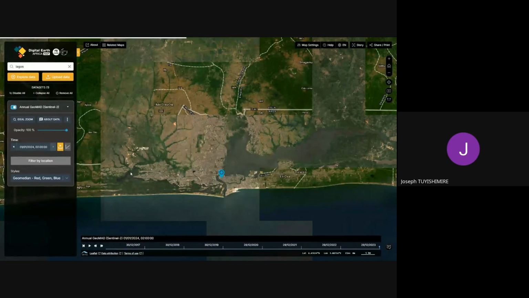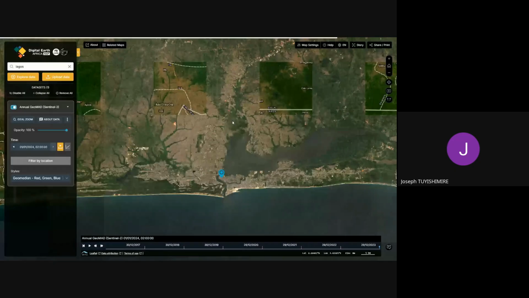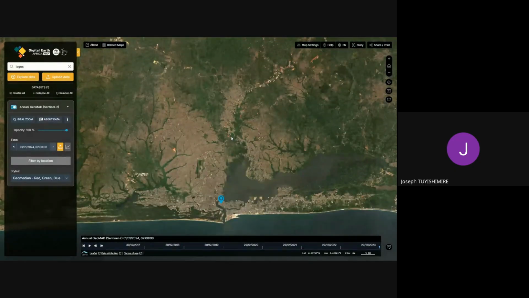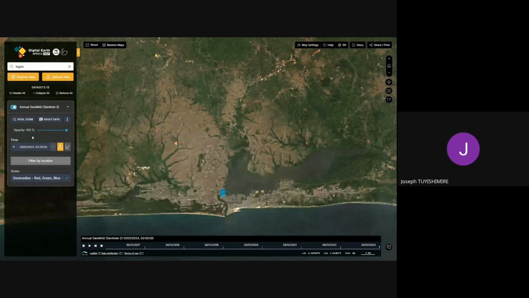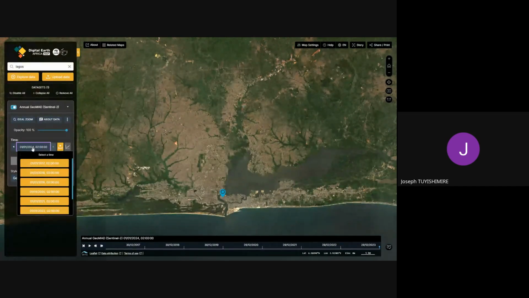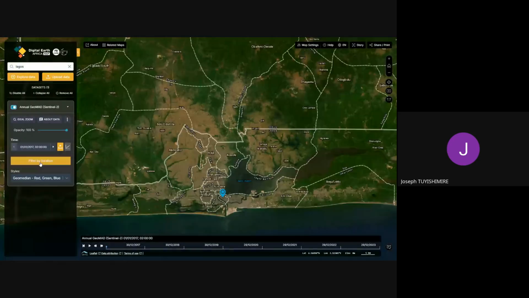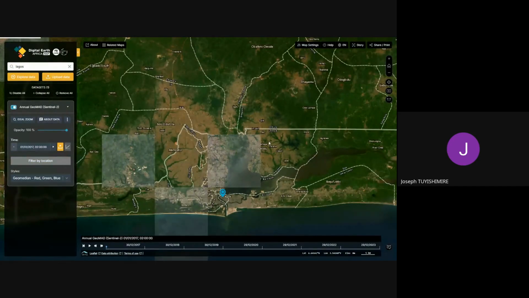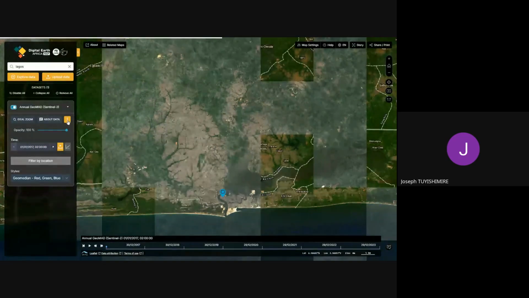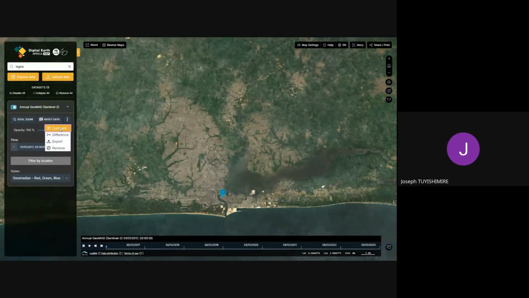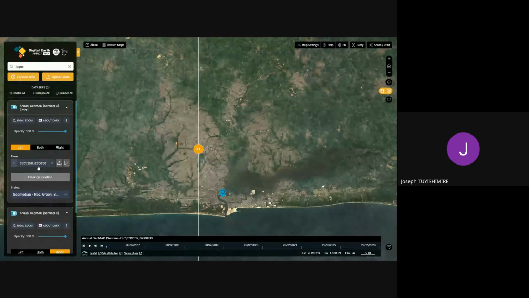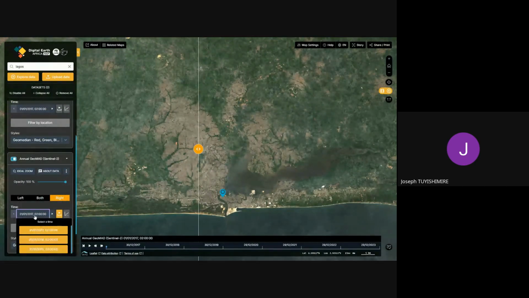And this is the geomads showing how Lagos was looking in 2024. That's 2017. We can even do a simple comparison of 2017 and 2024.